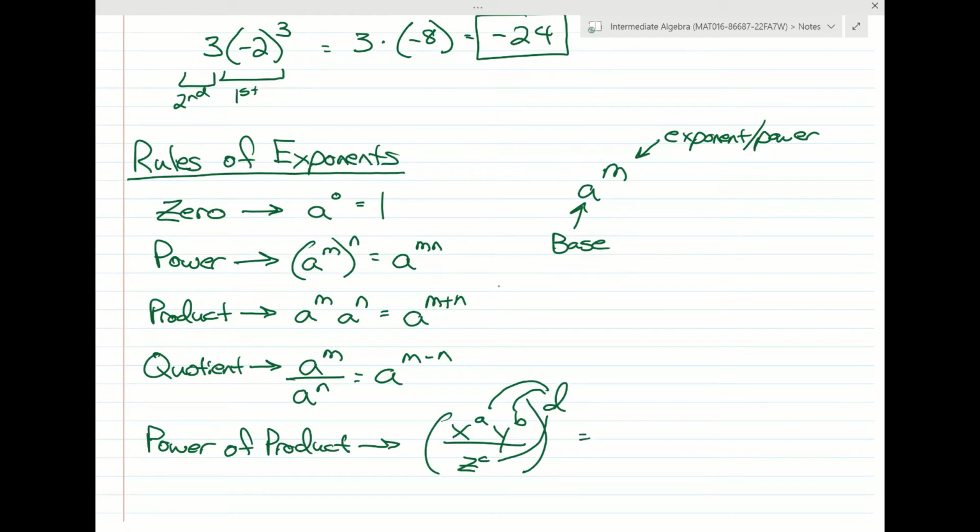So it could be the same thing as x to the AD, y to the BD, all over z to the CD. And I'll show you some examples with actual numbers, but we use letters to generalize these rules.